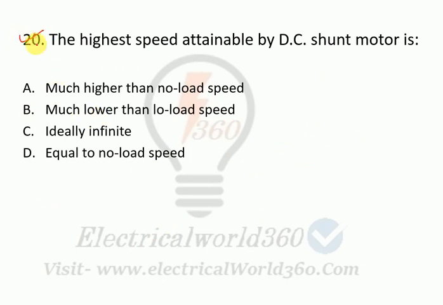This is the question number 20. The highest speed attainable by DC shunt motor is much higher than no load speed, much lower than no load speed, ideally infinite, equal to no load speed. So here in question number 20, we should know shunt motor regulation is very low.